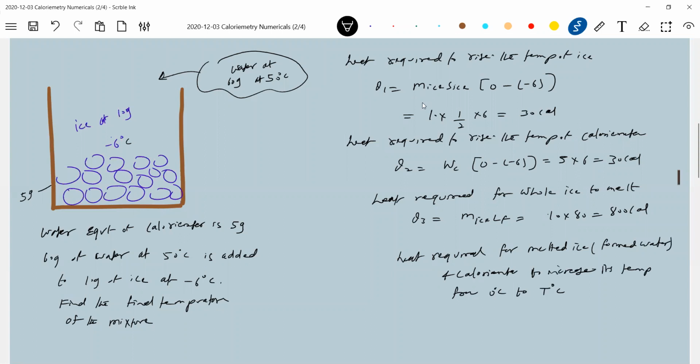Okay, fine. It is required for the melted ice, formed water and calorimeter to increase temperature from 0 to T degrees Celsius. We don't know this. I'll call this Q4.